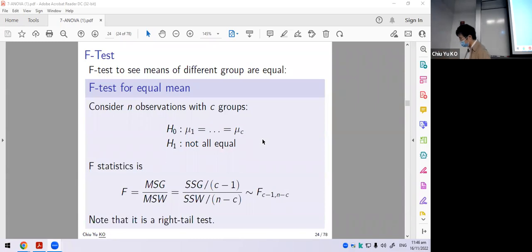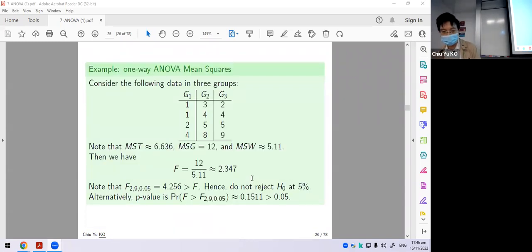And as I said, this is a right tail test. So this is the example of how we proceed. We calculate the MSG and MSW. Remember, MSW is within, so it's just a proper measure of the variance of the random term, but MSG might contain the locational difference between the mu's.